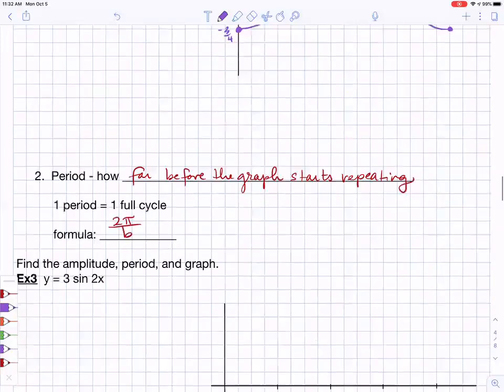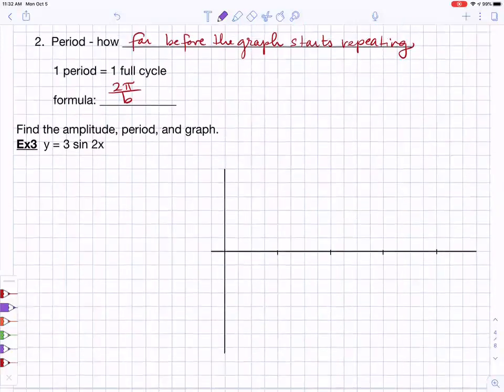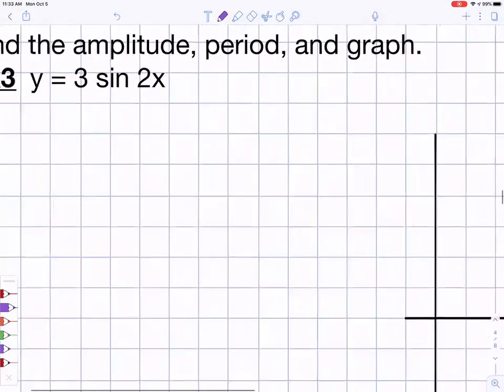All right, period. So we've got a formula here. And this is going to be a lot like the horizontal stretching and shrinking. Horizontal stretch and shrink. Okay, so let's look at our example.